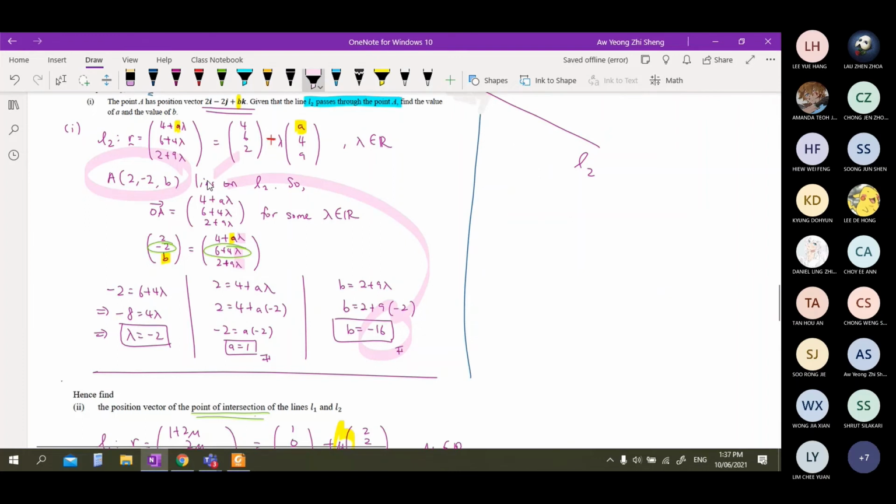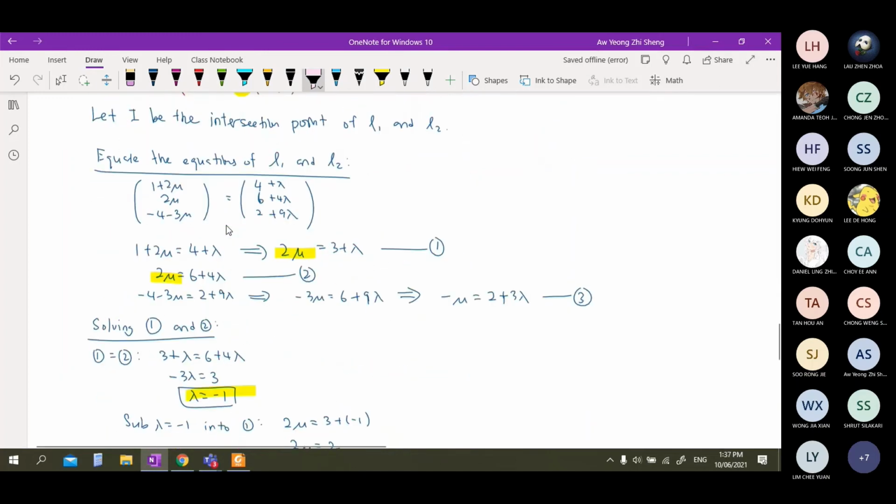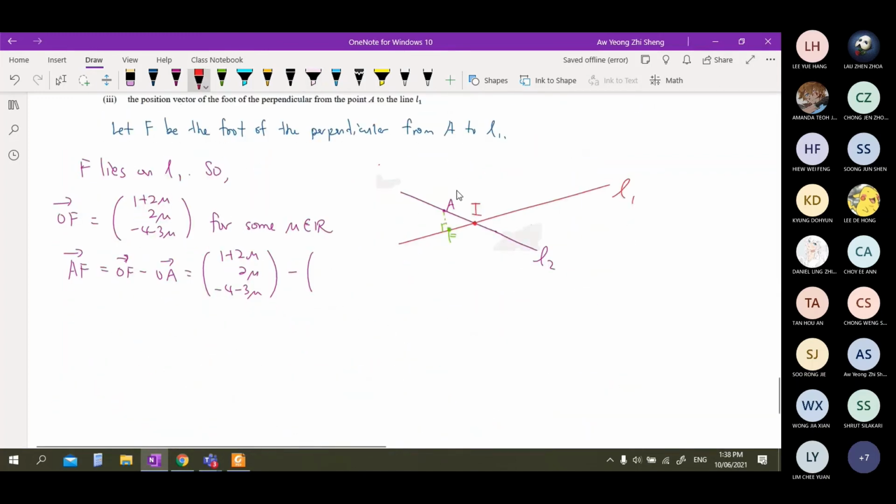Okay, so just type in, A is 2, minus 2, minus 16. And that gives, just do the computation carefully. Make sure you don't make any careless mistakes. Although the computations are not difficult, it is tedious. There are many numbers to compute, so be careful in every step.